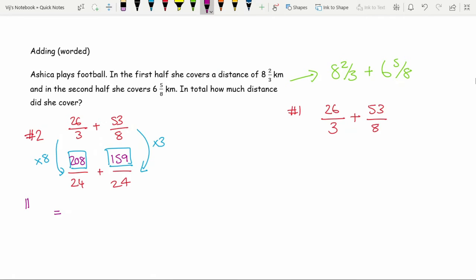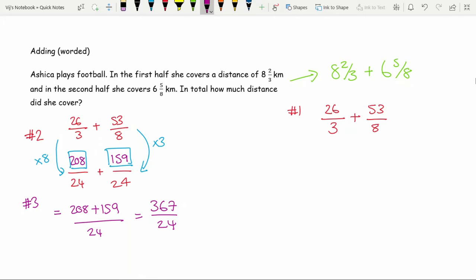And then for step 3, all I then need to do is add the two numerators together, remembering that the denominator stays the same. So if I do 208 plus 159, that gives me an answer of 367 over 24. Now if I then check to see if that simplifies, it doesn't.